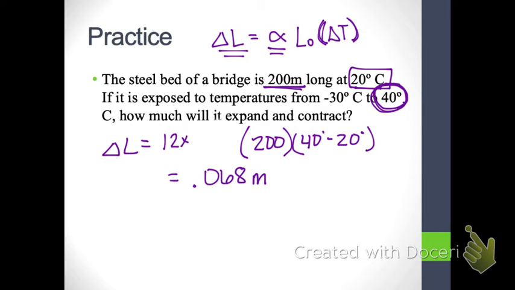It should be 12 times 10 to the -6. And so if I run the math again with that, I'm going to get a little different value, because the table I gave you only had stainless steel, but I want the value for just steel, so I had to look that up. So I got 0.048 meters.